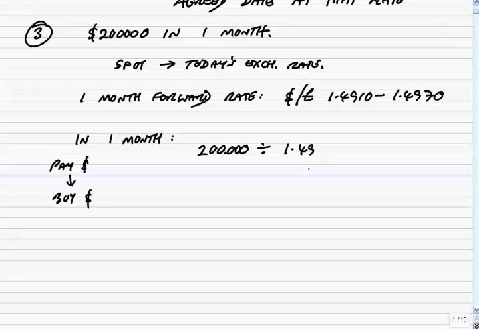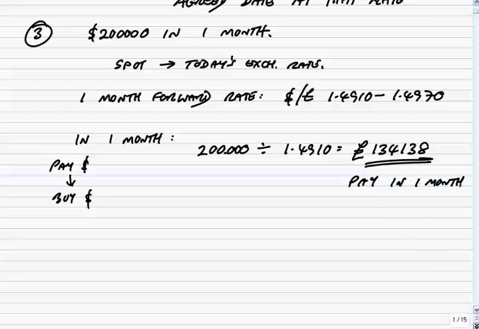So the dollar buy rate, 1.4910, I'm sorry. And so $200,000 divided by 1.4910, it'll cost us £134,138. That's how much we'll have to pay in 1 month's time.